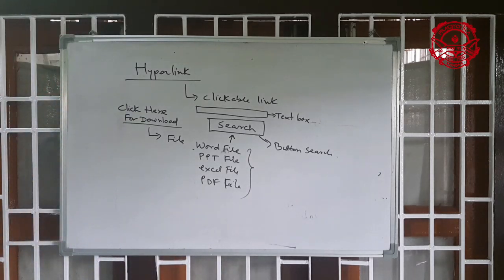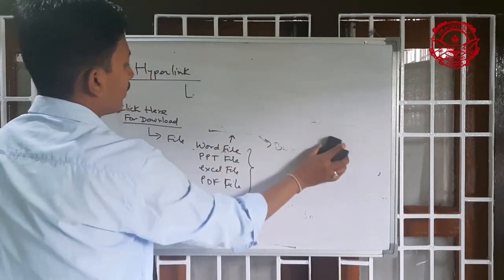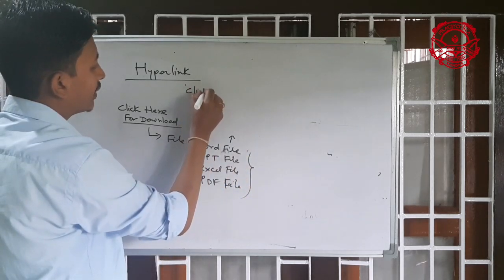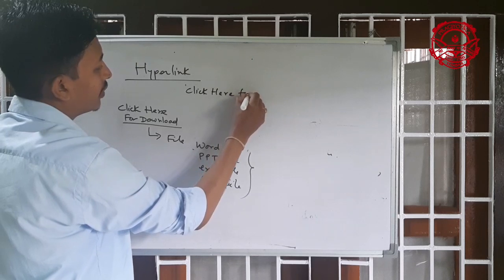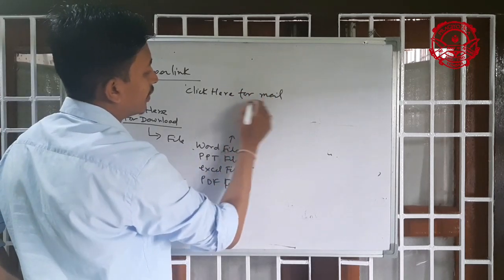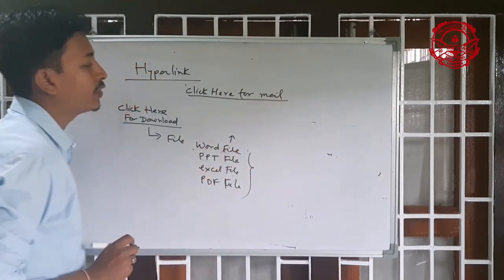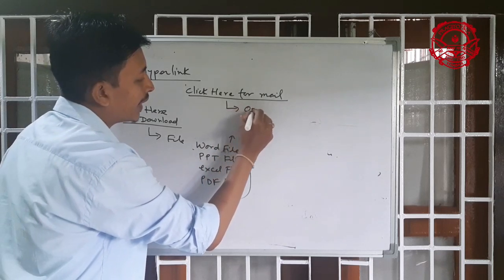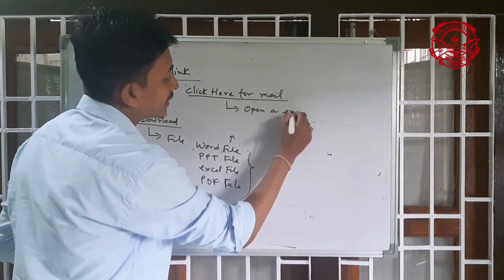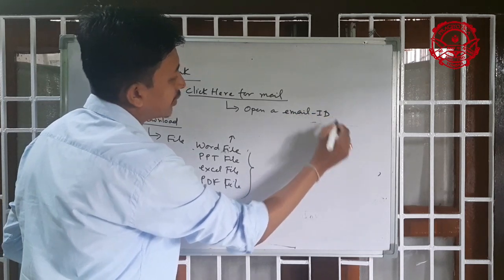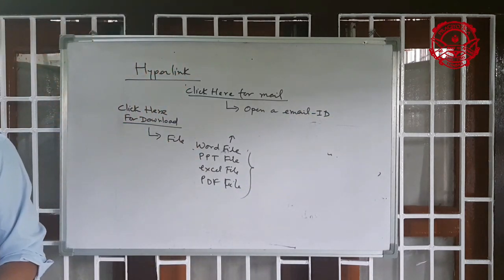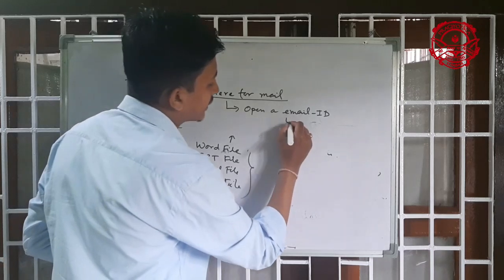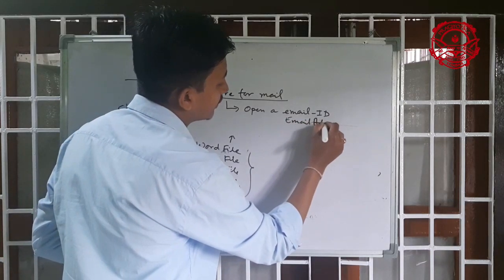For example, say, click here for mail. When you click on the text here, what will it do? It will open an email address, an email ID. Email ID means email address.